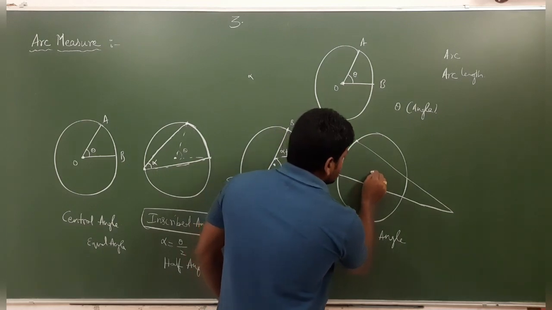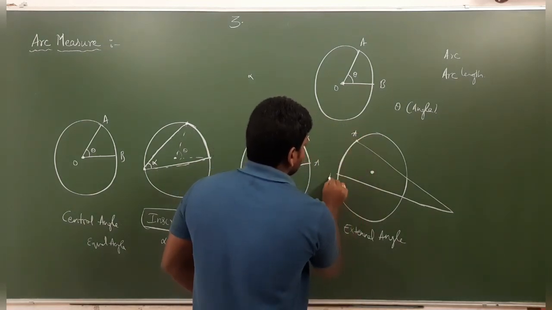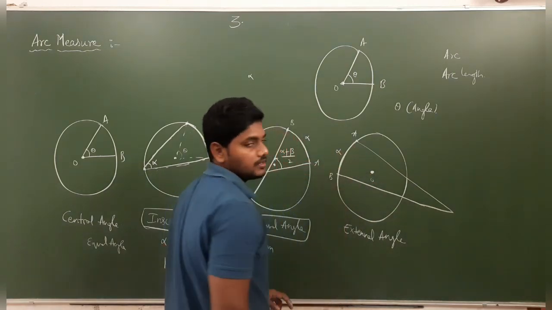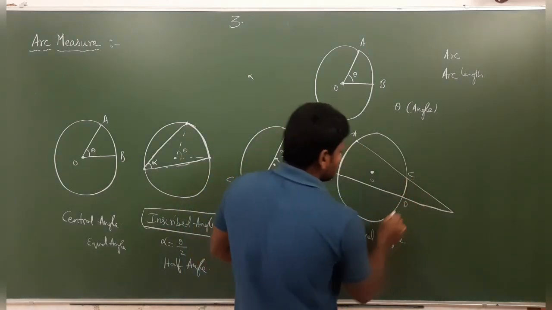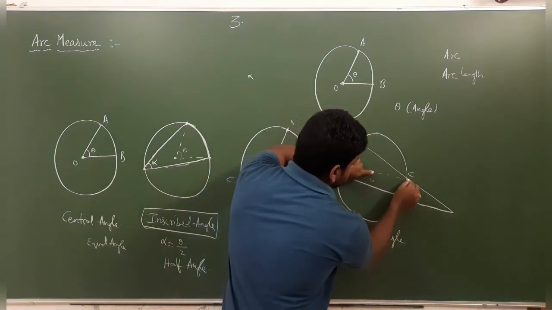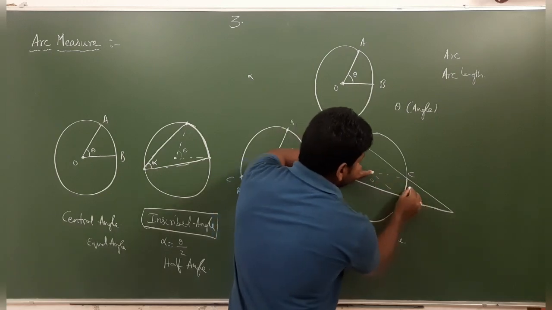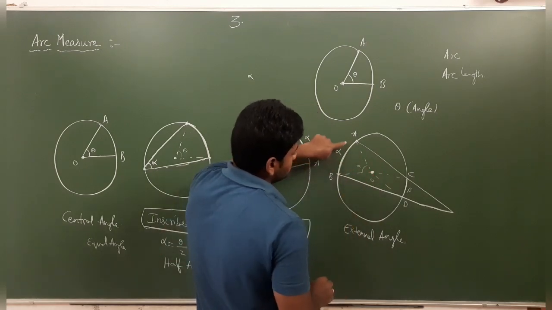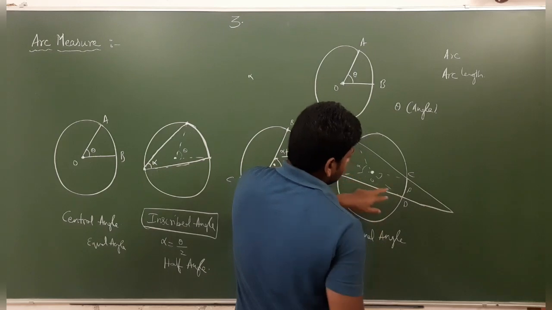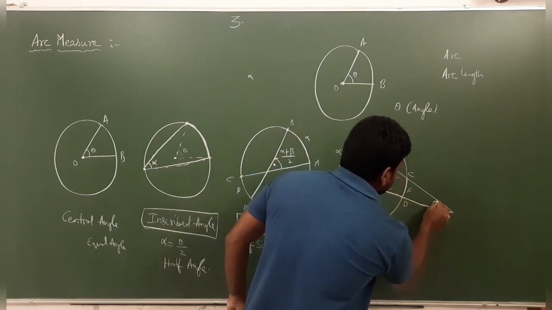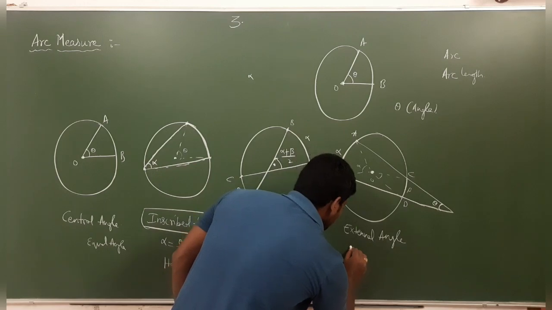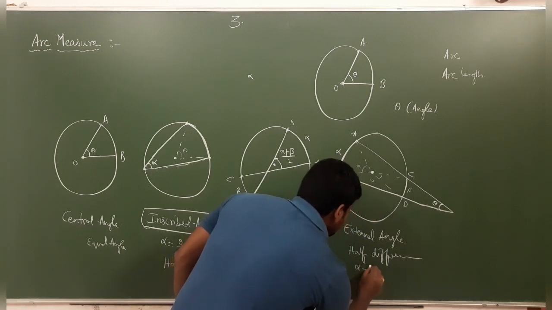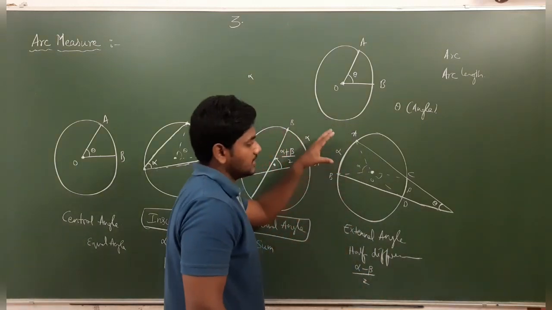Now with respect to the center of the circle, if the angle between OA and OB is, for example, alpha, and this is C and D, the angle between OC and OD is, for example, beta. This angle I am writing alpha, this is beta. Now the angle formed here, theta, is nothing but half of the difference, alpha minus beta by 2, where alpha is the largest angle.